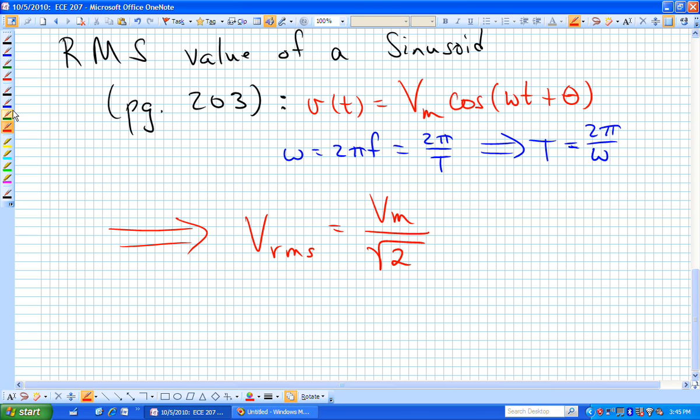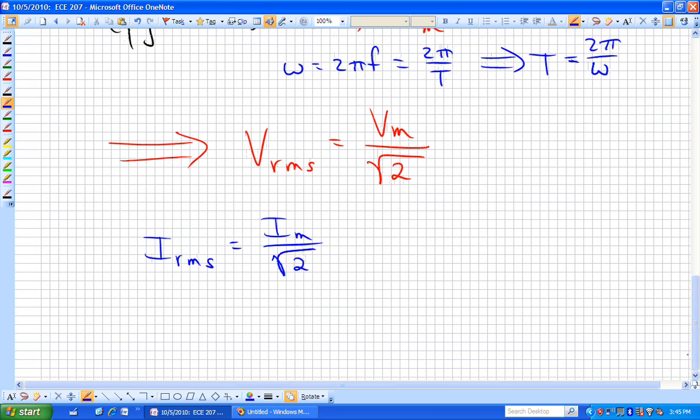Likewise, if somebody gave you a current expression, you could take the amplitude of that current, divide it by the square root of 2, and now you have the RMS magnitude of that current expression. Any questions on how you can convert a time domain sinusoid into RMS values?